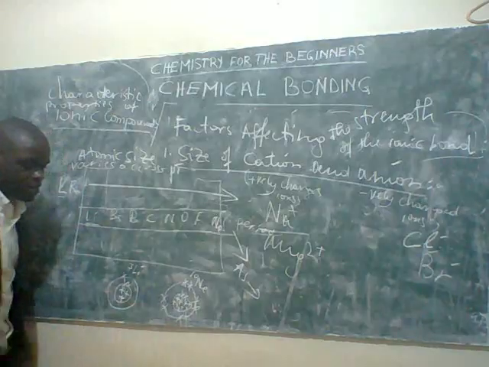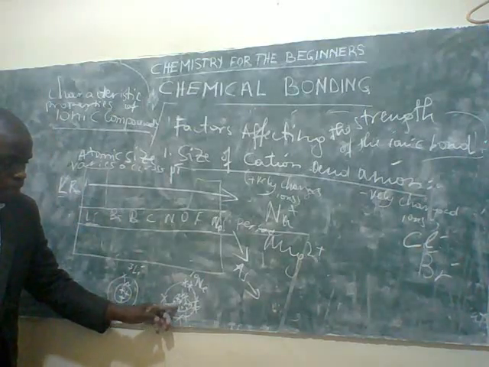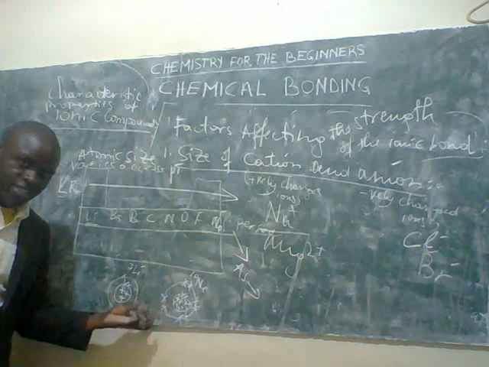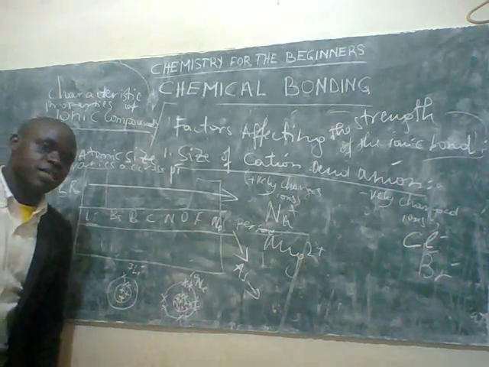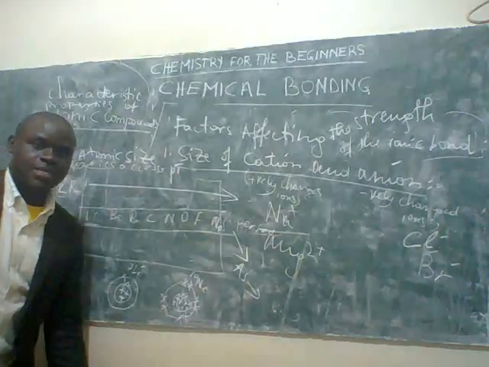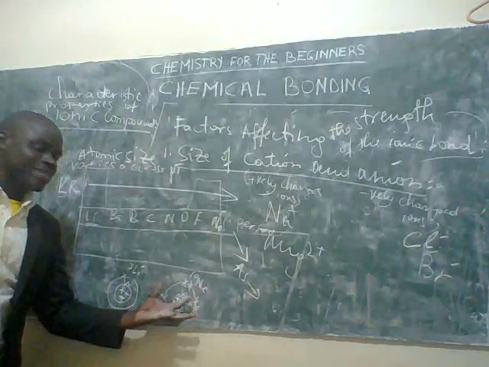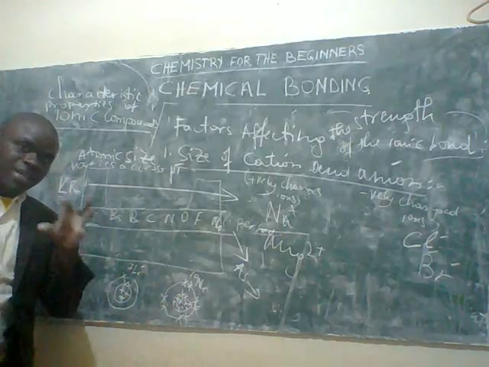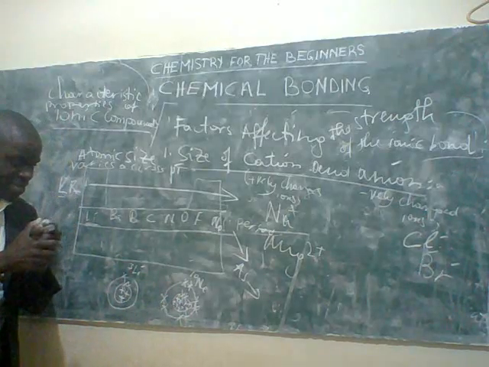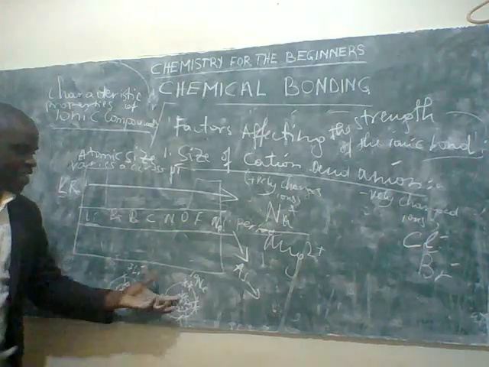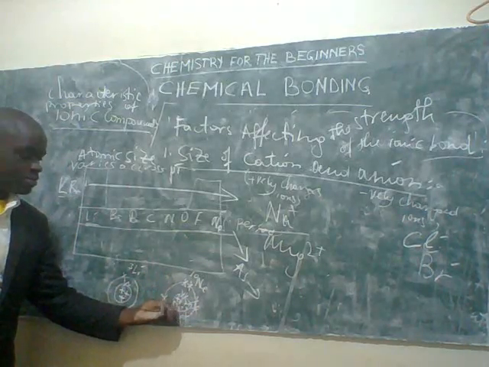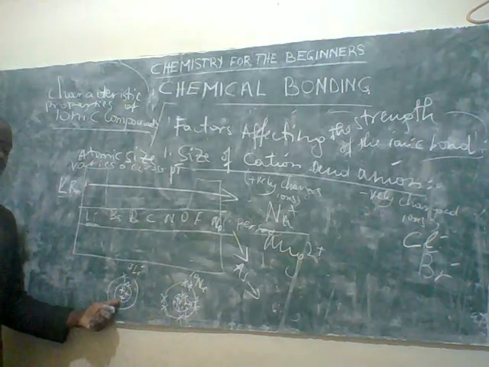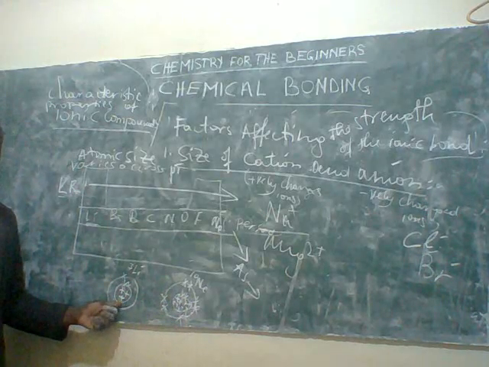So it means that these positive charges will squeeze electrons, because electrons, we take them as massless particles. So if this nucleus is very strong, it will squeeze this size of atom, compared to this which has 3 protons.